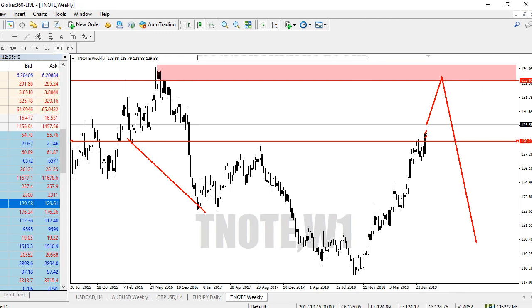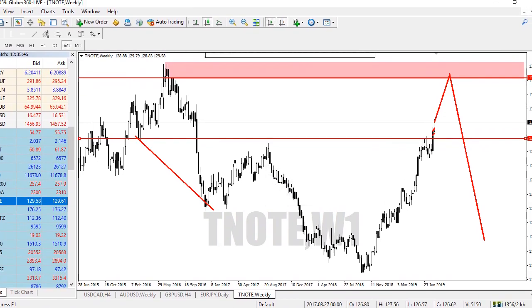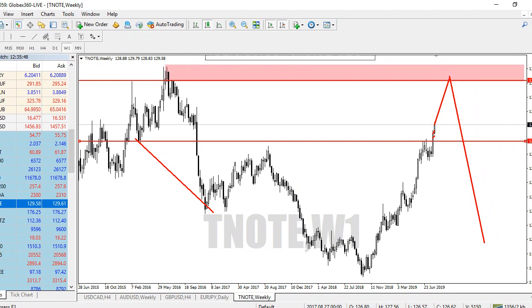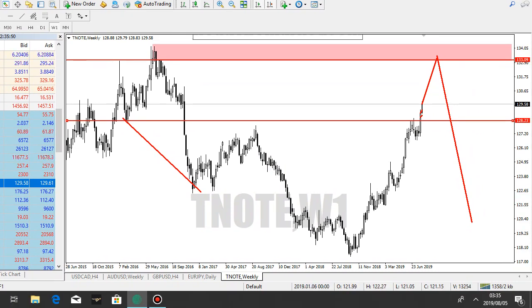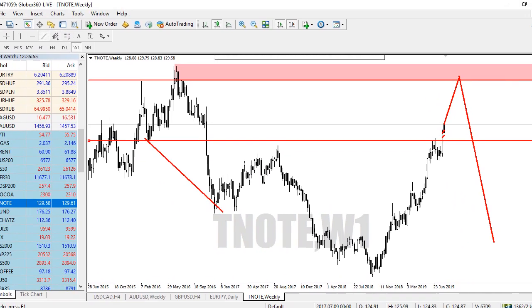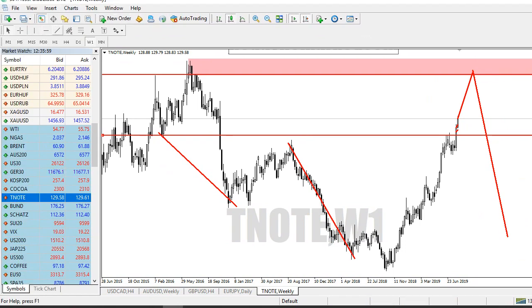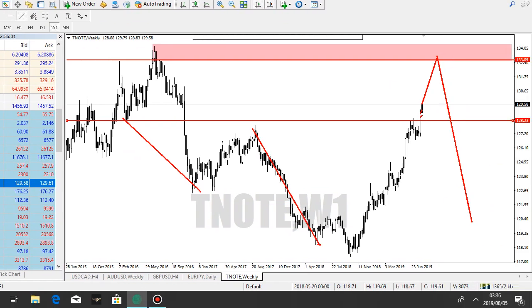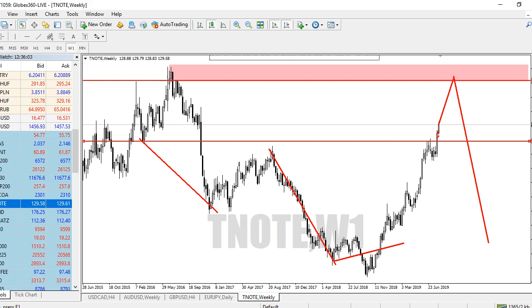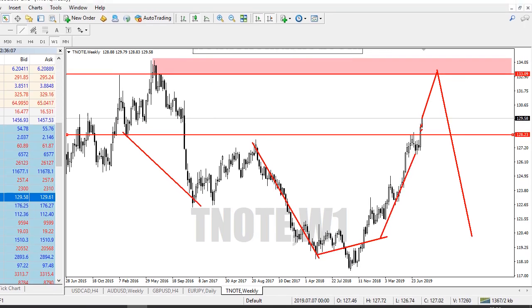So right now, for those who know Forex very well, what we have here, you can see at this point, going from here to here, you see what the price is doing. You see at this point, we have what do you call this?